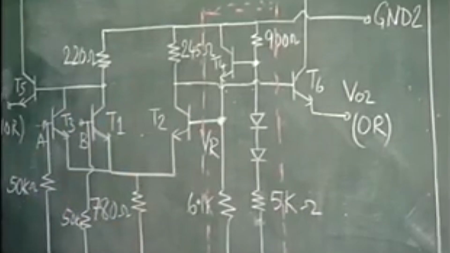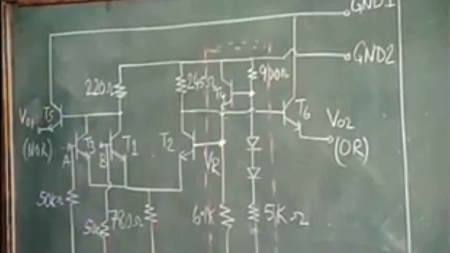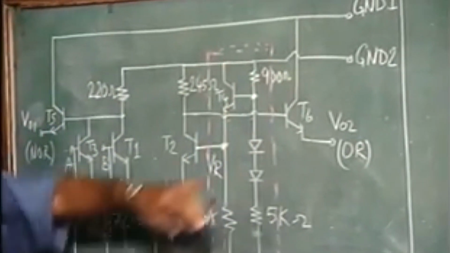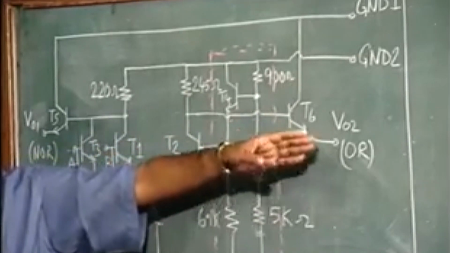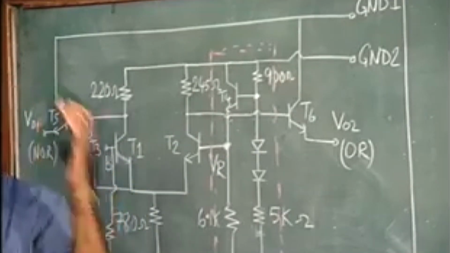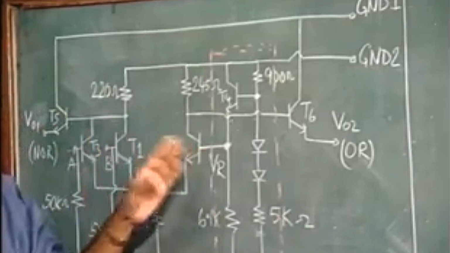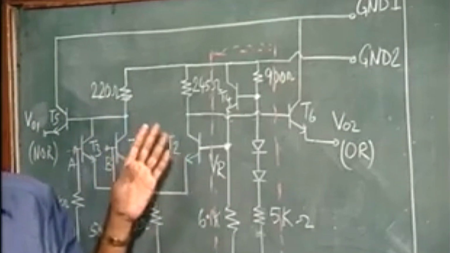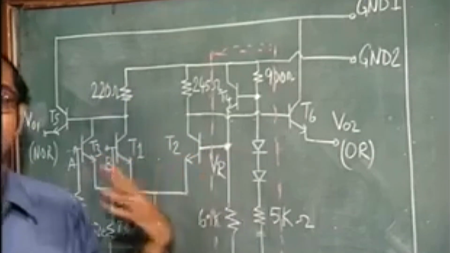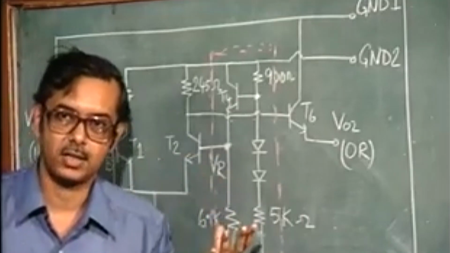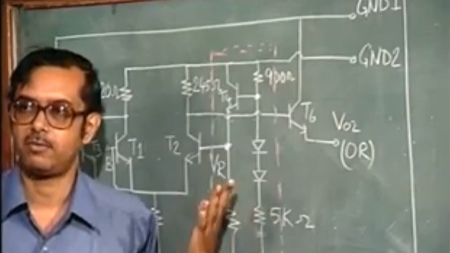Whereas here, ground 1 is actually connected to the transistors T5 and T6, which are connected to the output, and at the output you may have, for example, large capacitive loads. So when the output voltage switches from one state to the other, and in an ECL gate it is supposed to be a very fast logic, dV/dt, or the rate of change of voltage, is going to be very fast.